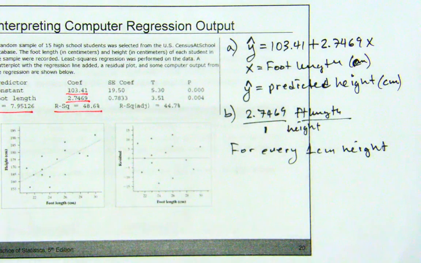We have 2.74 feet. The foot length for every 1 centimeter in height corresponds to 2.74 centimeters in foot length. I guess that's okay. Shouldn't be too complicated. That should be okay. Let me see what the book says, just in case.